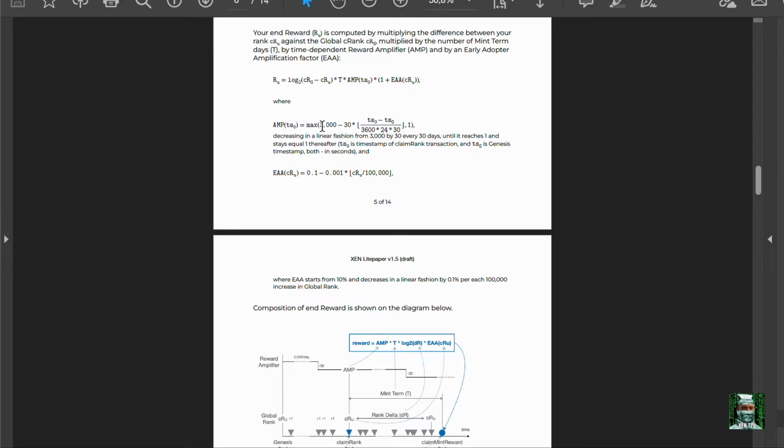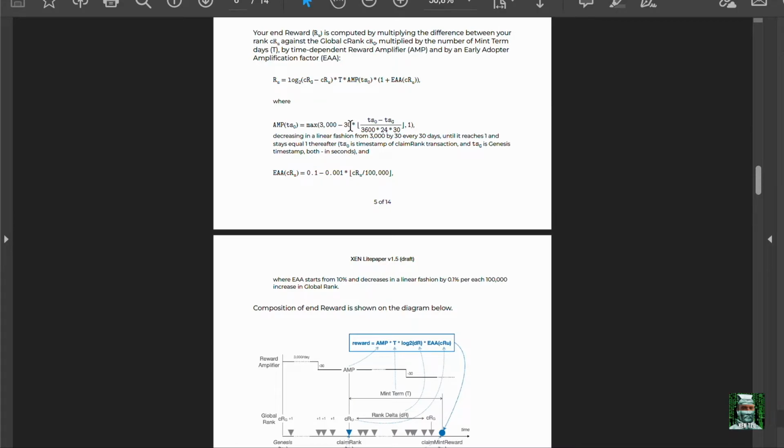So initially at Genesis it's 3,000 per day, as we can see in this diagram here. And then for every 30 days it's going to be reduced by 30. Don't be confused by all of this.